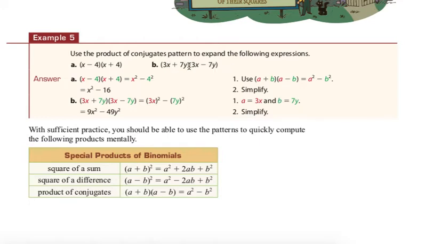It's the same terms, but one is added and the other is being subtracted. 3x squared, that whole quantity, so that's 3 squared times x squared. 3 squared is 9 times x squared is 9x squared. Then that second term, again, you're doing 7 squared times y squared. That's 49y squared. There we go, 9x squared minus 49y squared.